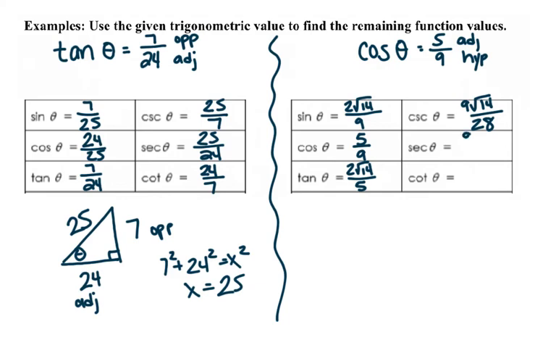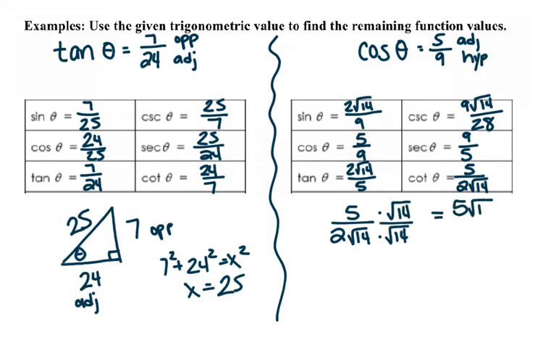Okay, the secant's really easy. All you gotta do is flip the fraction. That one's nice. But then cotangent, you'll see once again, if I flip the fraction, I have a radical on the bottom. That can't happen. So multiply the top and the bottom by the radical. The top you just multiply across.